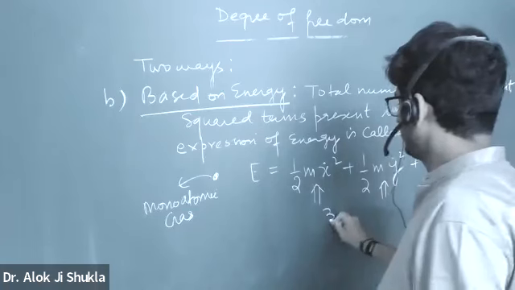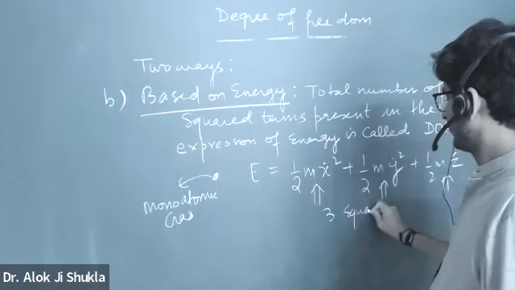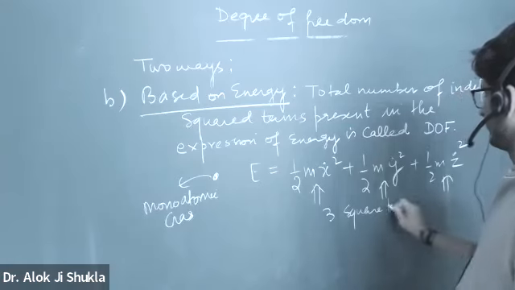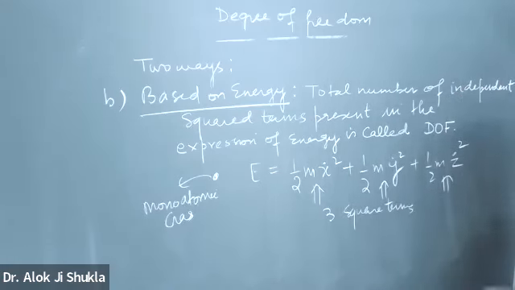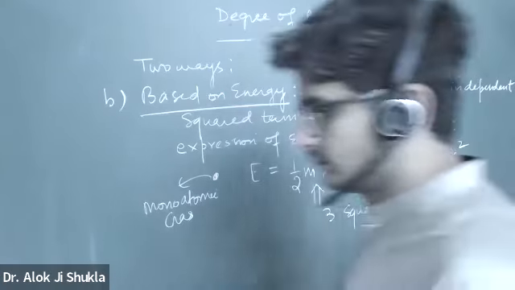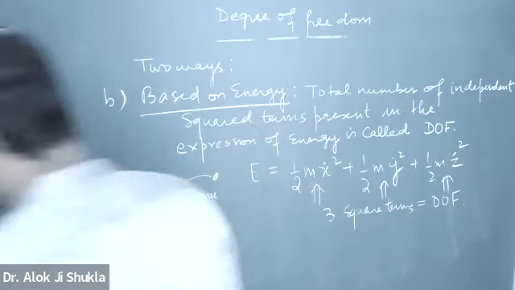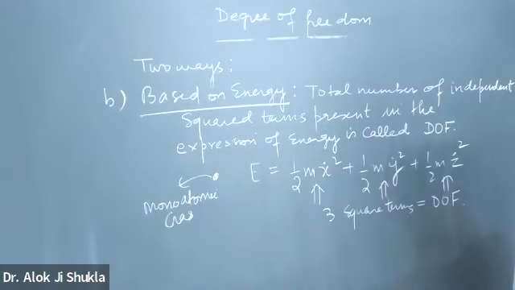So 3 square terms are there. So this is called degree of freedom. Please see this. Is this okay?